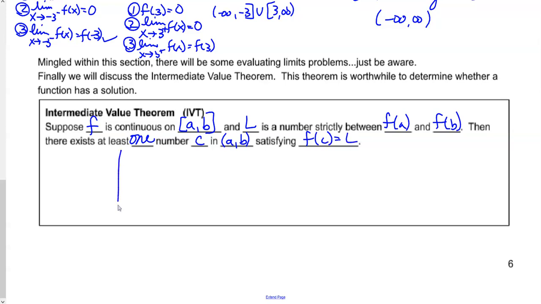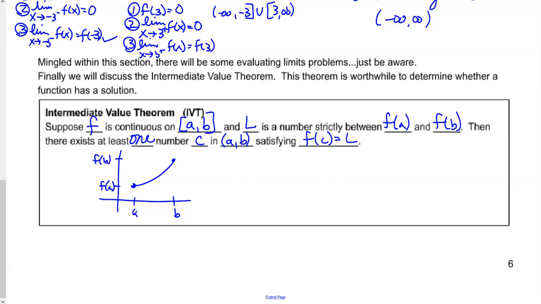I'm going to kind of do a graph here. I'm going to start with A here and B here. That's my interval. I'm going to have an increasing function where I have a point there and a point here. Now, this over here, if I plug that into my function, we could write as f of A. If I plug B into my function and get this point, then this f value would be whatever f of B is equal to.